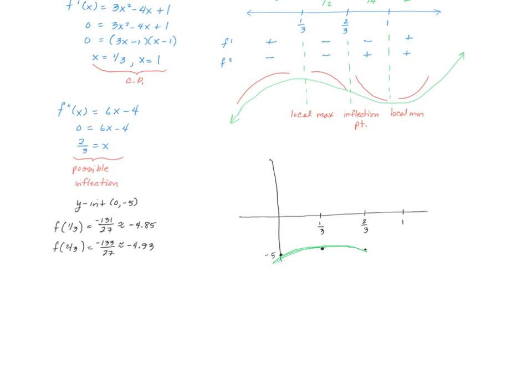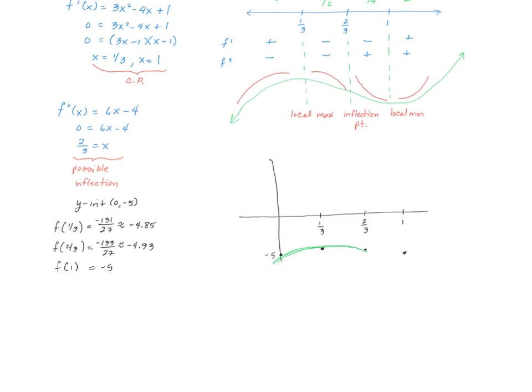So let me go ahead and find some more points. Let's look at what f of 1 is. And thank goodness, that one's easy. That's going to be -5. So at 1, we're going to come down again at -5, should be about here.